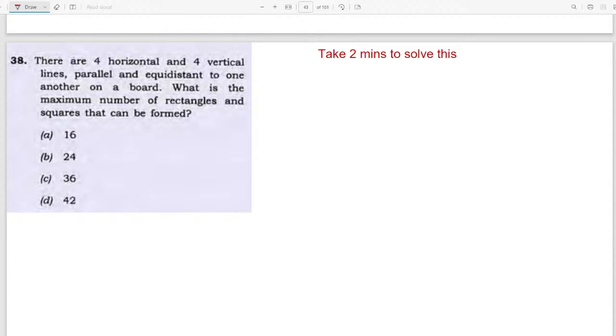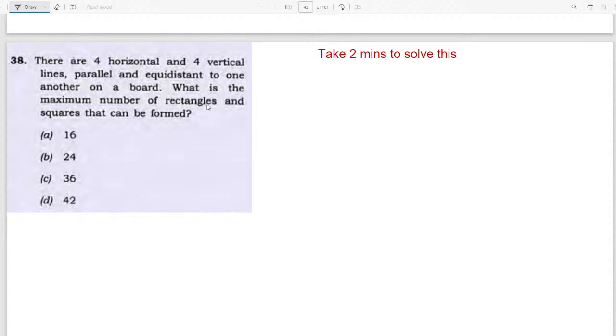Others who have yet to post your answers, please post. There are only 3 responses. Okay. So we'll see how to go about this question here.